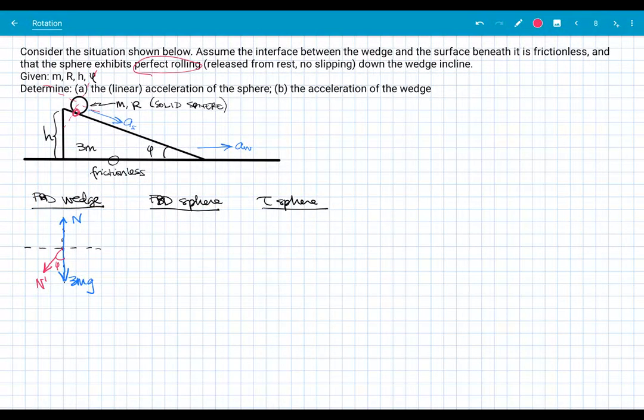The two materials are at rest with respect to one another at the contact patch. So what might be helpful here is to think about what the direction of static friction has to be on the sphere, and then know that you're choosing the opposite direction because it's going to be a third law pair on the wedge. We've done that a bunch of times now. Hopefully that's getting a little bit more comfortable.